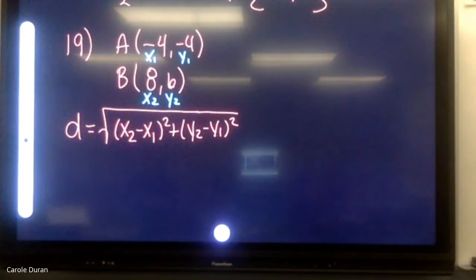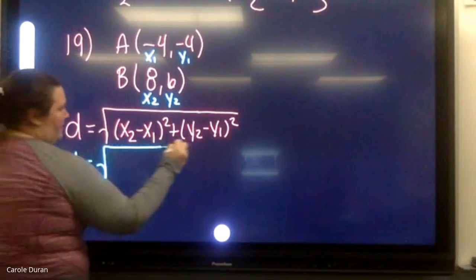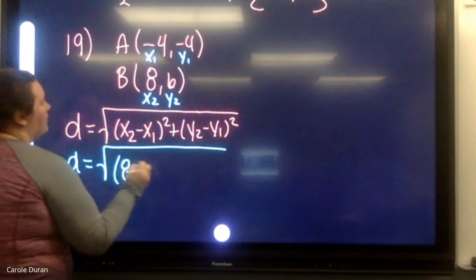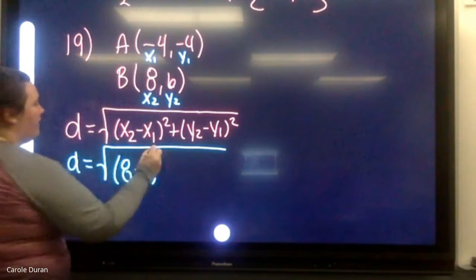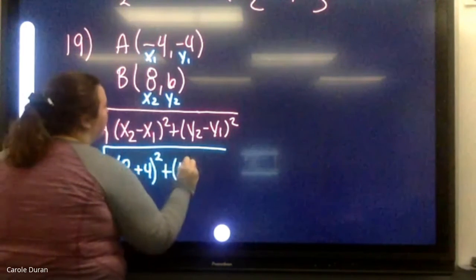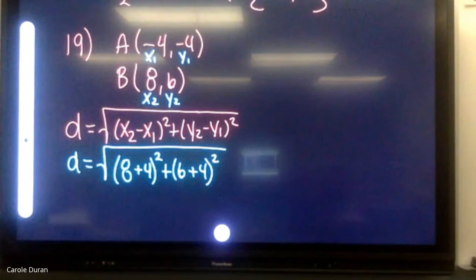And then I just plug those values in. So x2 here is 8 minus a negative 4, which is plus 4, and then squared, plus y2 here is 6 minus a negative 4, which becomes plus 4, and then squared.